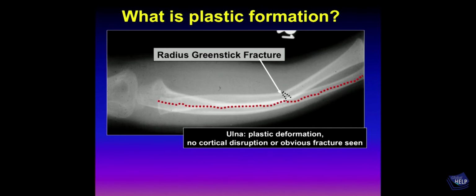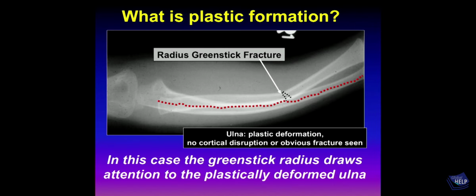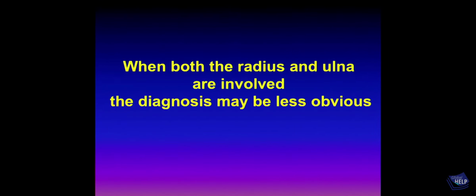We don't have cortical disruption and obvious fracture seen. And often, unfortunately, in the emergency room and so forth, this is not appreciated. So the green stick fracture will draw attention to the plastically deformed ulna. Now, if both of them are plastically deformed, the diagnosis may not be obvious.